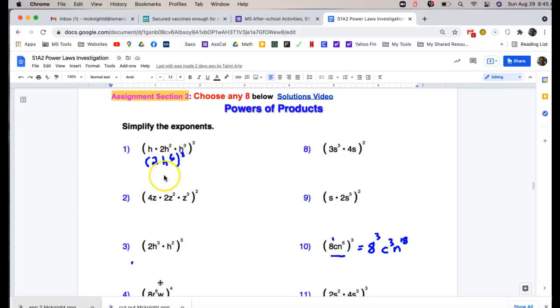Cubed. So now we have, remember 2 has an exponent 1, so 2 to the 3. I don't need to expand this. We know the rule, right? h to the 18. And 2 cubed is pretty simple. That's 8. It's not a big number. 8h to the 18.